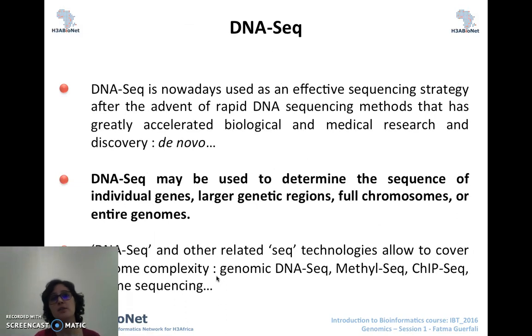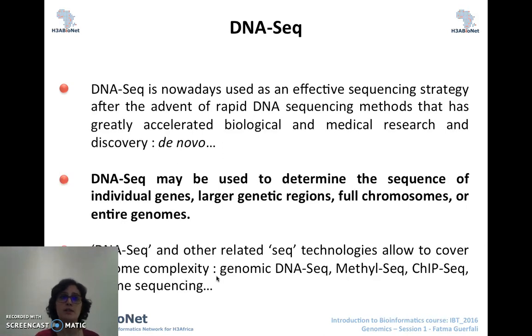So the NGS technologies are becoming these days particularly popular for biological and medical research, and they can be used to sequence short or large genomic regions and even entire genomes, full chromosomes or entire genomes.